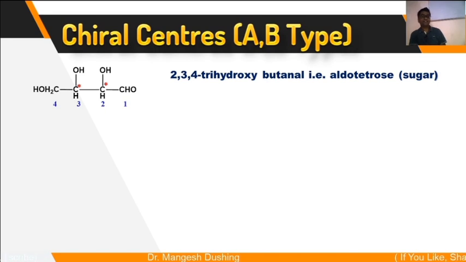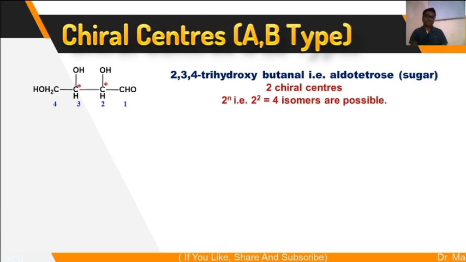What is a chiral center? The carbon to which 4 different atoms or groups have been attached. So these two carbons contain 4 different groups of atoms, and that's why these two carbons are called chiral centers. According to Van 't Hoff's theory, if there are two chiral centers, what do you expect? 4 stereoisomers.